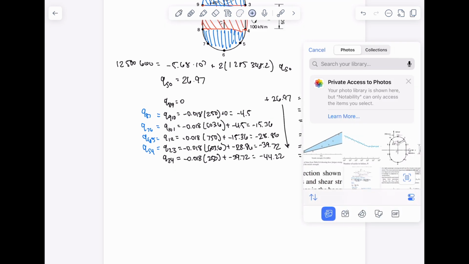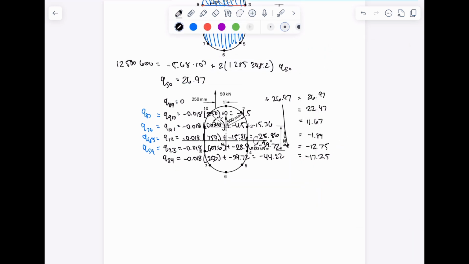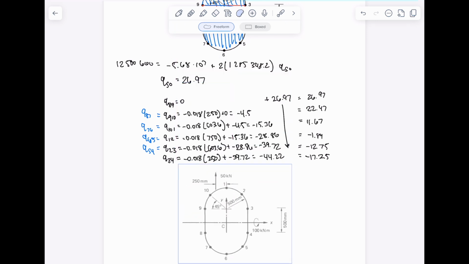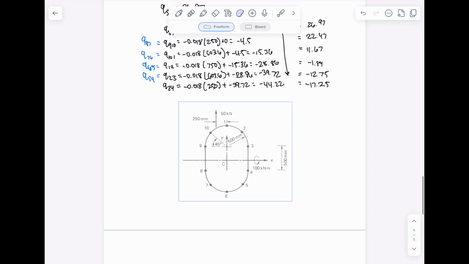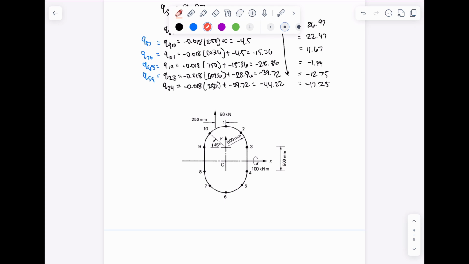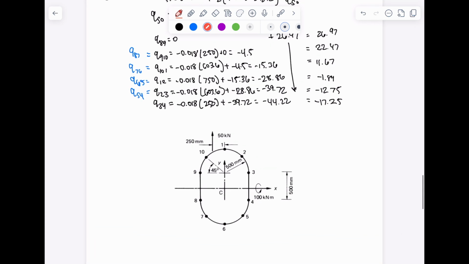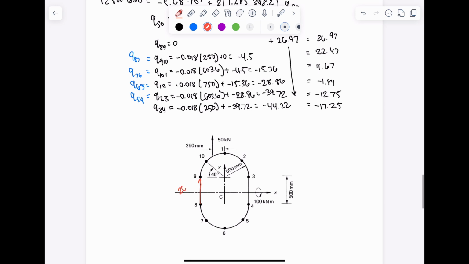So if we were to draw it in our geometry again, from 8 to 9 is 26.97. From 9 to 10 is 22.47.